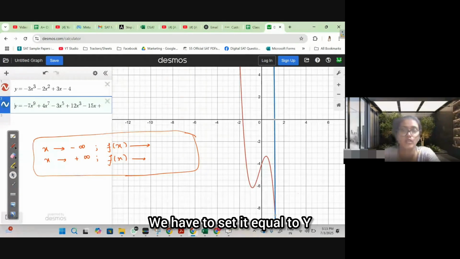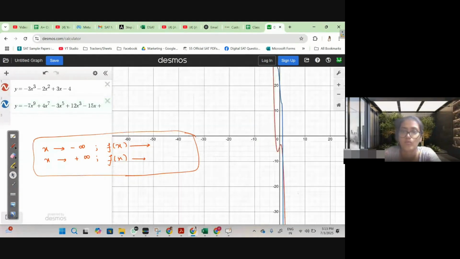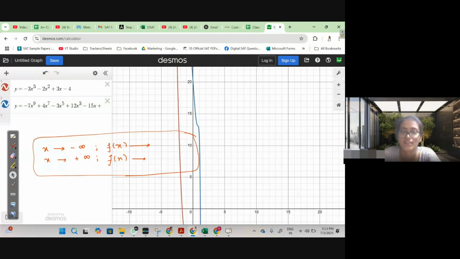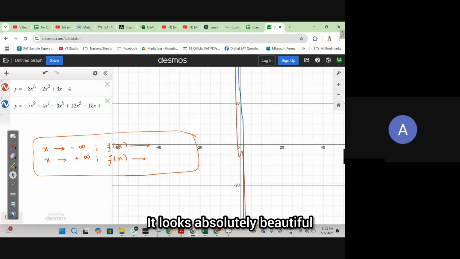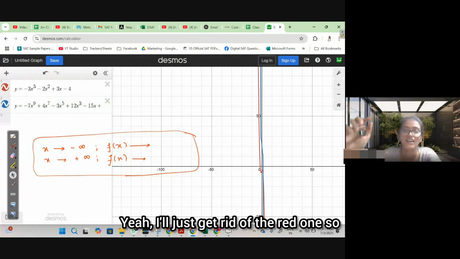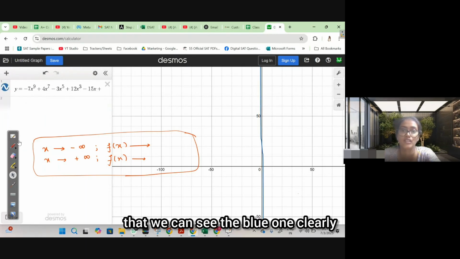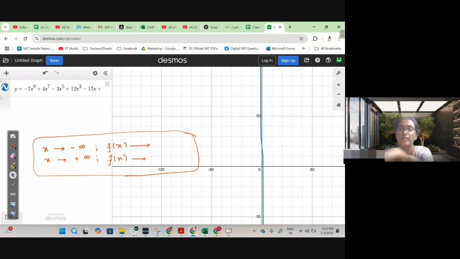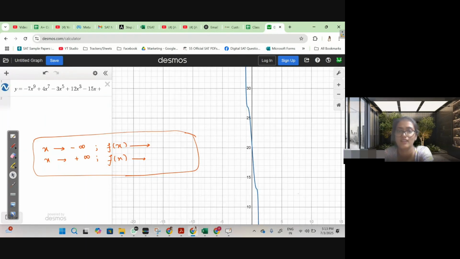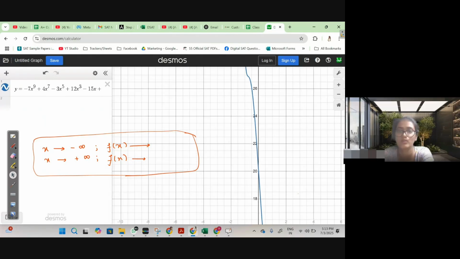We have to set it equal to y. Okay, what in the world is this? I like it. It looks absolutely beautiful. I'll just get rid of the red one so that we can see the blue one clearly. See, it's now very nice.